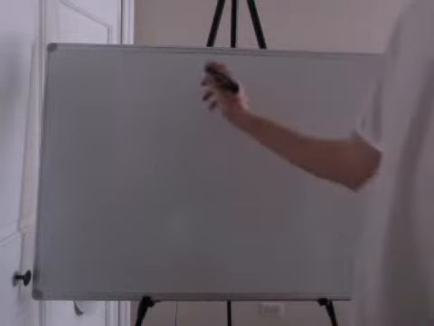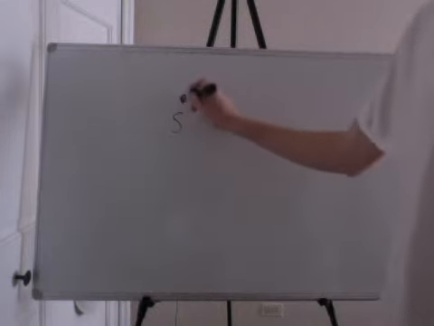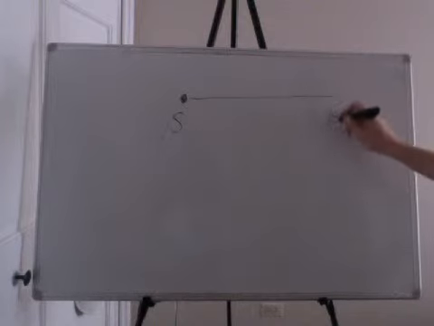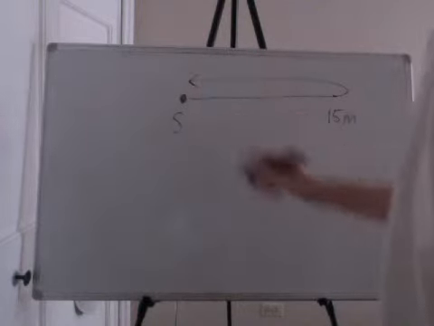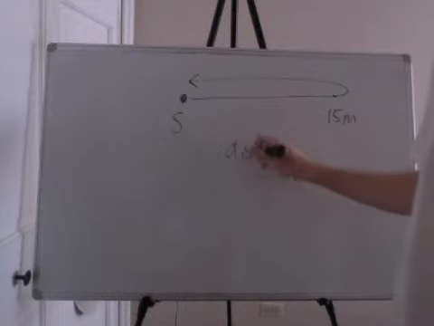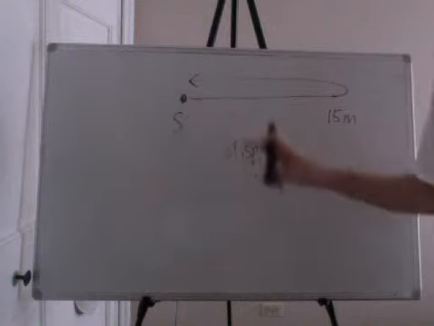One last thing I want to say before starting this video is there's a difference between these two words, displacement and distance traveled. Displacement is the distance from where you started. So, for example, if this is where you started, and then you ran 15 meters to the other side, and then you ran back, the displacement would equal 0 because the distance from where you started and ended is 0.